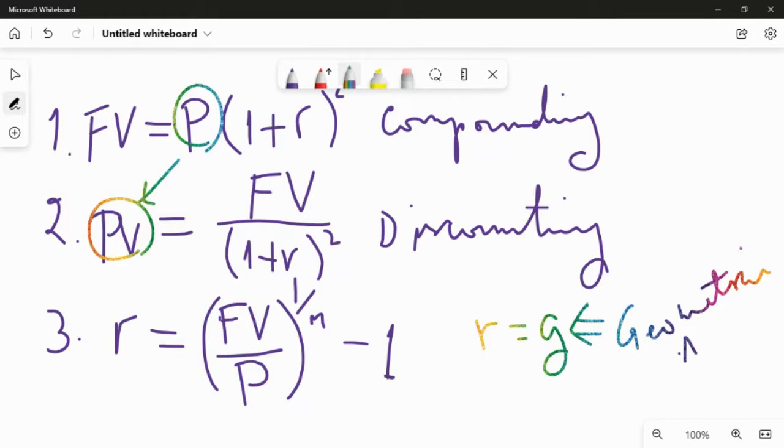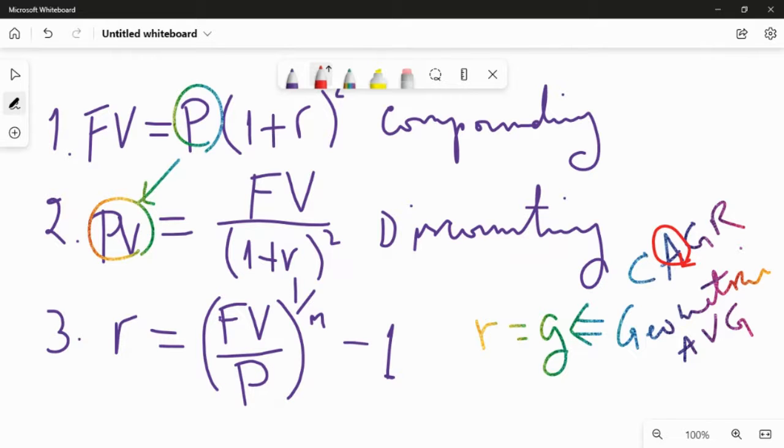Geometric average, and also sometimes called CAGR, which means compounded annual growth rate. But I don't really like annual here because it doesn't have to be annual. It can be quarterly.